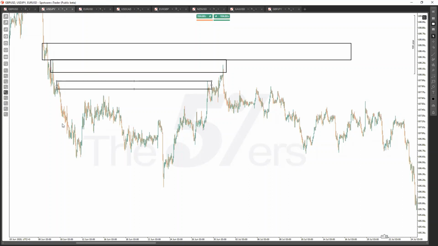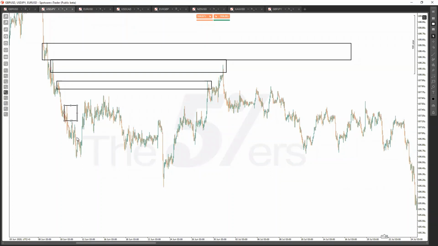Next thing, price was dropping. We have another decision right here. Okay, and then when price was breaking down, it was touching here, and then it disqualified this zone for good.